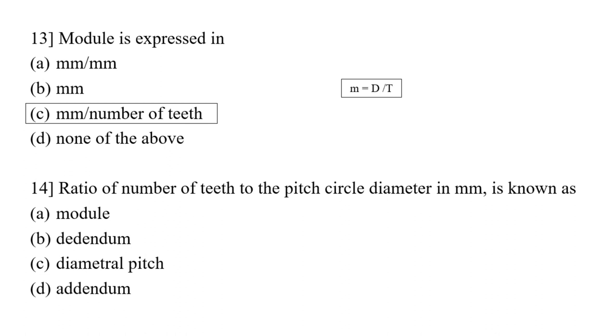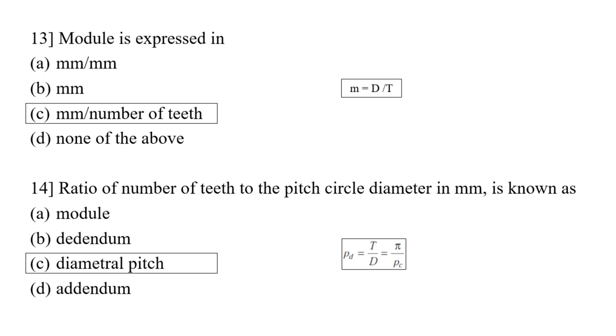Previously we have seen module is d by t. Now they have asked t by d. T by d is the diametral pitch. P_D is equal to T by D, that we have studied. So the correct option will be diametral pitch.